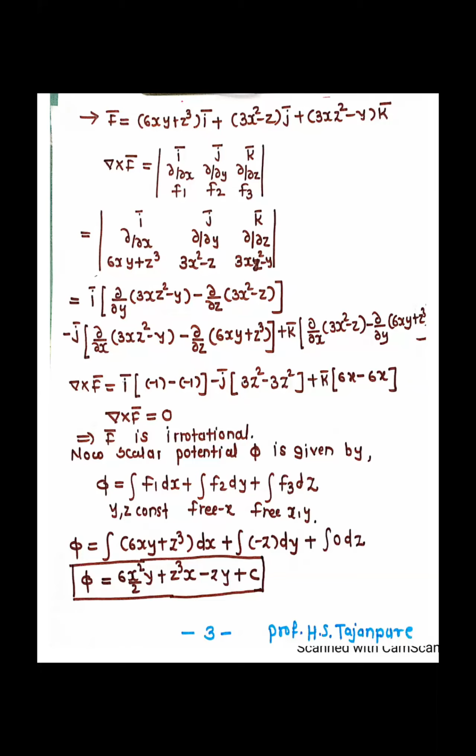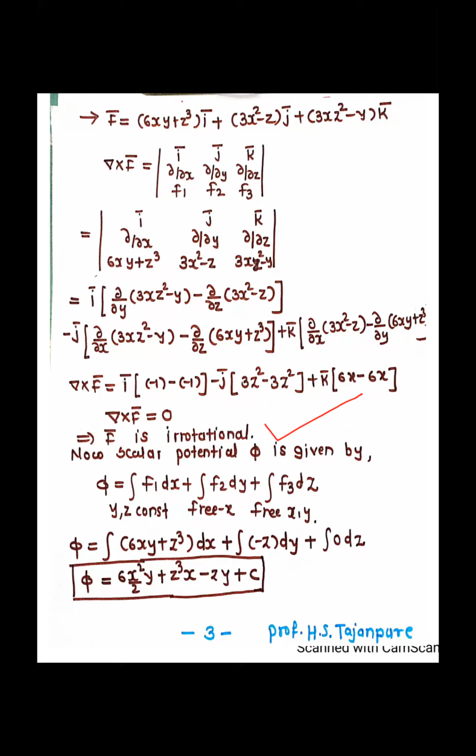Next, with respect to x of this underlined term, 6x minus z will be 0, and with respect to y of this underlined term will be 6x, z cube will be 0. And hence you can see here minus 1 minus minus 1 plus 1 is 0, 0, and hence del cross f bar equals 0, and this implies that f bar is the irrotational vector field.